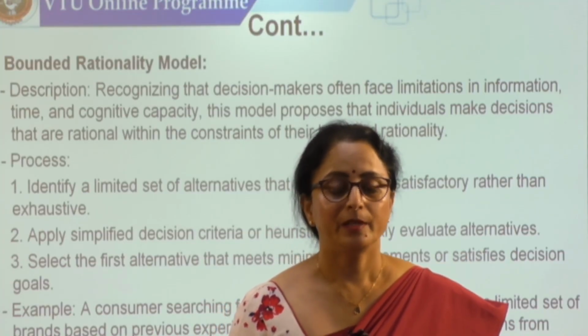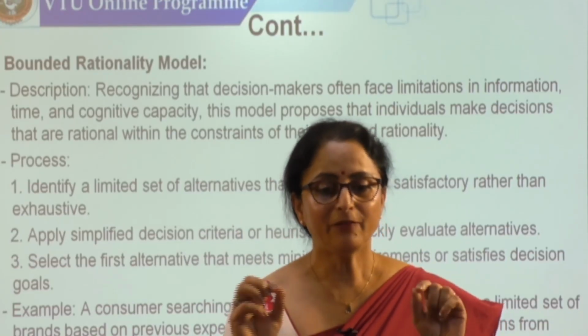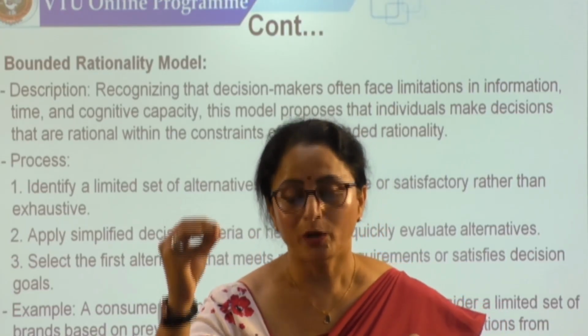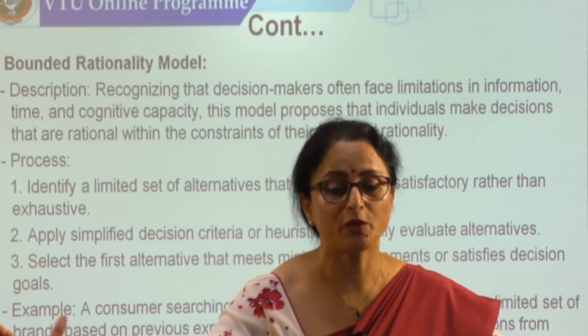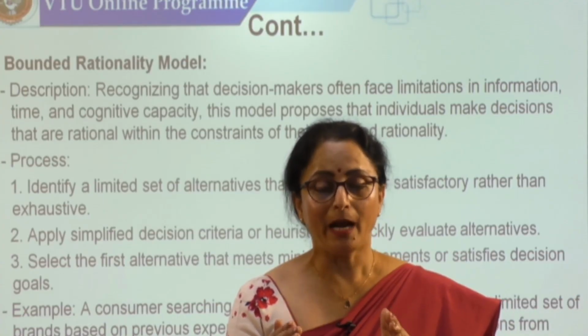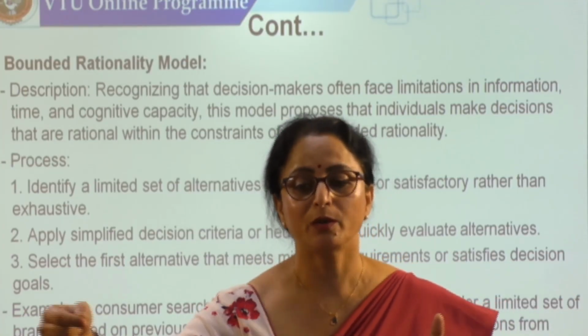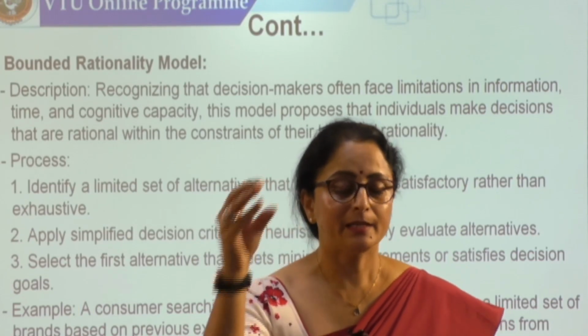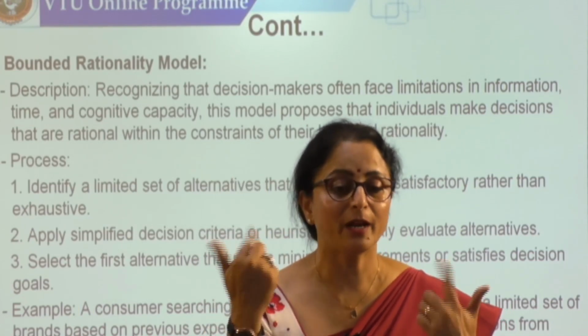So, what are the steps under the bounded rationality model? Identify a limited set of alternatives that are feasible or satisfactory rather than exhaustive alternatives. Apply simplified decision criteria to quickly evaluate those alternatives. Select the first alternative that meets your requirements or satisfies your goals.